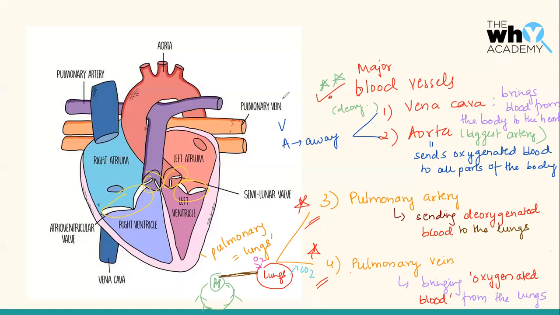And there will be one more connection, let's take orange, which will be coming from the lungs to the heart, which will have O2. Correct. So this is how it will go, right? So this connection of CO2 and O2 is via these blood vessels.